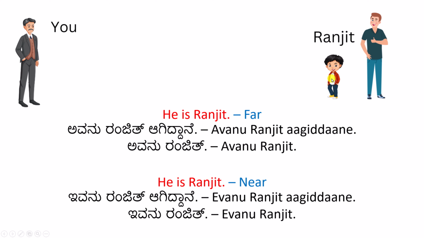Ranjit may also be of same age as that of you, but he may be close to you. He may be your close friend, or he may be your close cousin. He may be elder than you too, but he is close to you. So if a person is close to you, you can use avanu and ivanu for he.